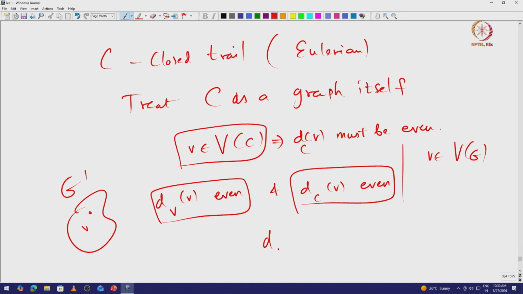So, the degree of V in G minus E of C, since these two are even, must also be even.